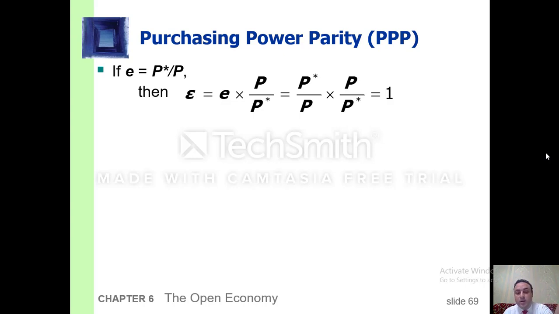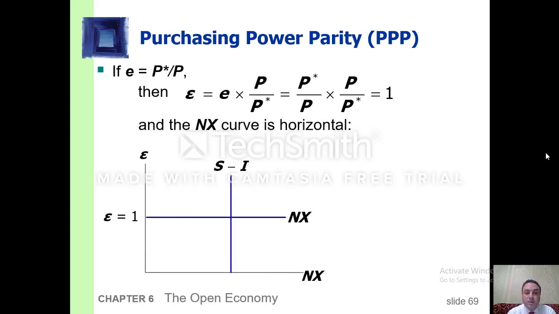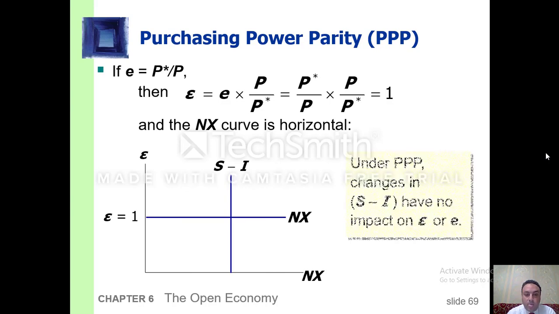The real exchange rate equals the nominal exchange rate multiplied by the home price divided by the abroad price, and we said that the nominal exchange rate is P star divided by P, which equals 1. In this case the net exports curve will be horizontal, as the real exchange rate equals 1. Under the purchasing power parity, changes in saving and investment have no impact on the real exchange rate or the nominal exchange rate.